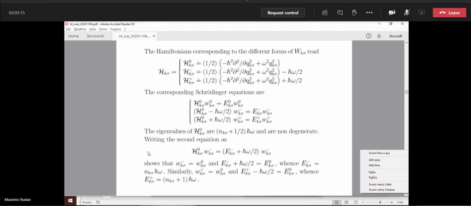So apparently all these three equations are good. They provide a set of eigenfunctions that are all the same and a set of eigenvalues that are slightly different. So we now stop and we shall start again in 10 minutes. It is 11:03. We shall start at 11:13.